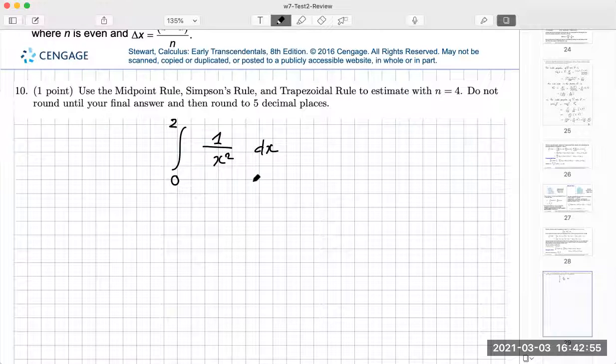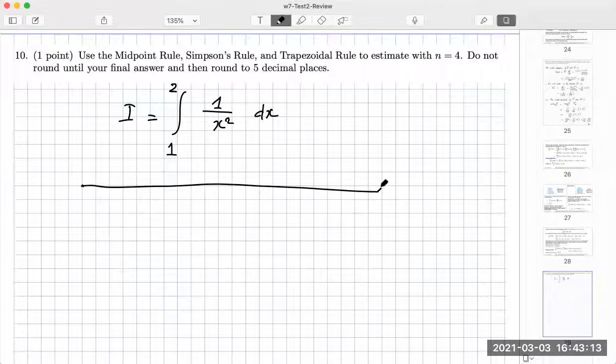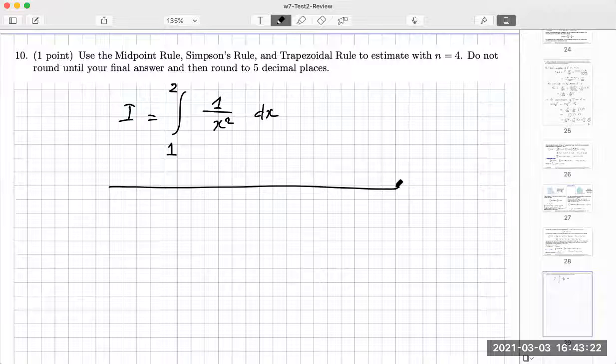Okay, what do we have? Let us compute it from 1 to 2. From 1 to 2, okay? What we need to do, and the number of intervals is 4, right?